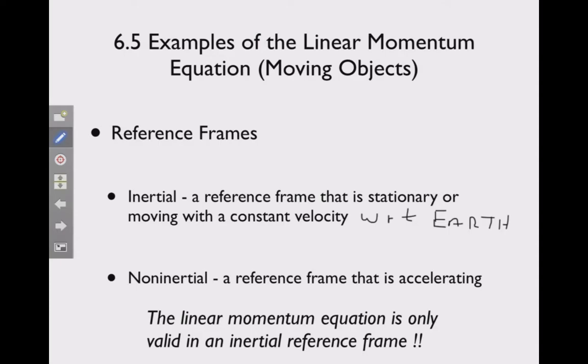So if we have an object that's accelerating with respect to Earth, which we're going to consider an inertial reference frame, then that reference frame will be non-inertial. It's very important to realize that the momentum equation is valid only in an inertial reference frame. So we must define our reference frame to be one that is either stationary or moving with a constant velocity.